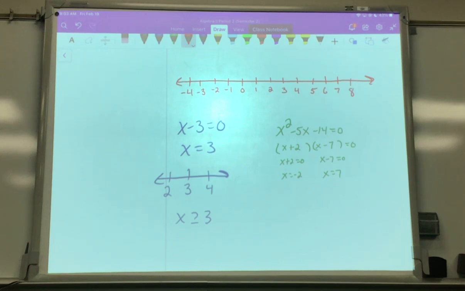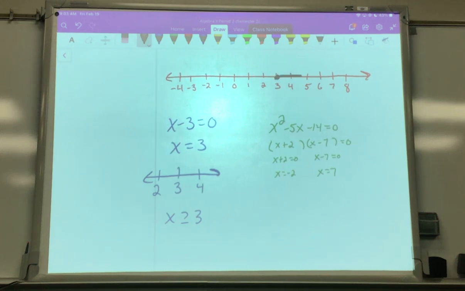Based off that radical in the numerator, we have to have x greater than or equal to 3, correct? Okay. So that would be the domain if we just had the numerator, correct? Now, going off the denominator, x cannot equal negative 2. Is that even part of our domain right now? Okay, so it's already excluded, isn't it? But what about that 7? Yeah, that's in the domain, so we have to take it out. We have to get rid of that 7.